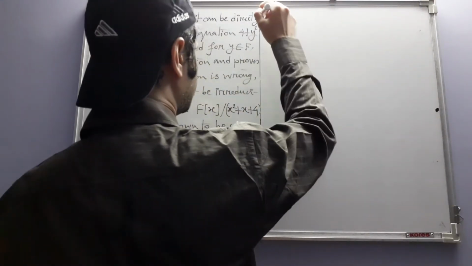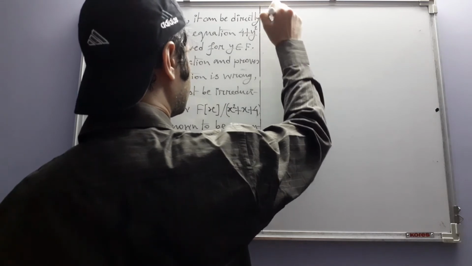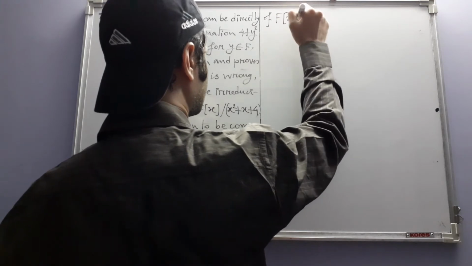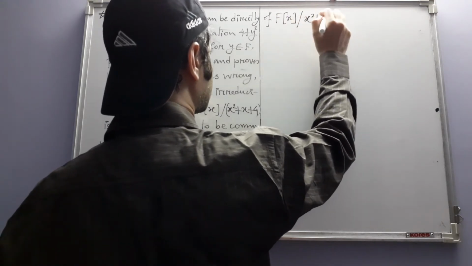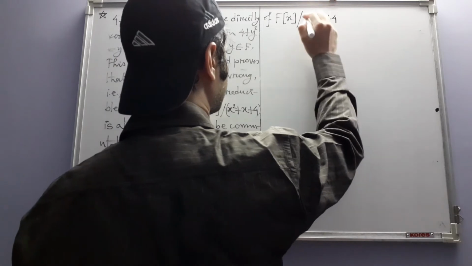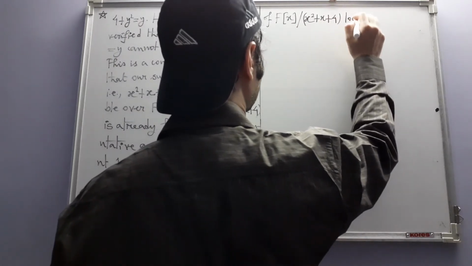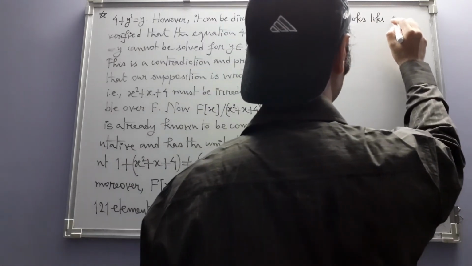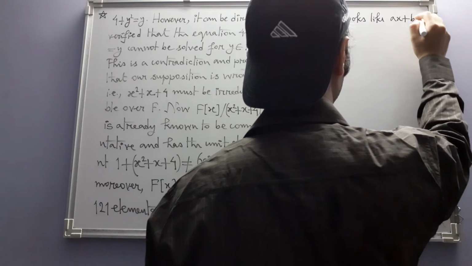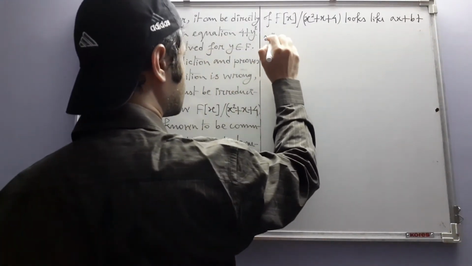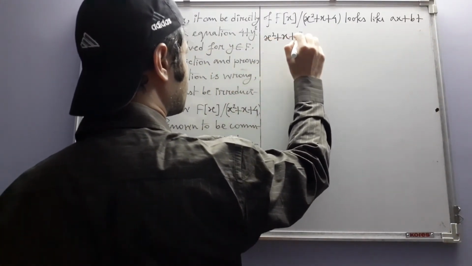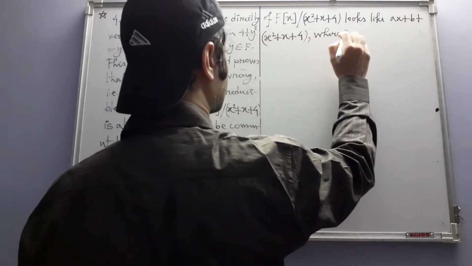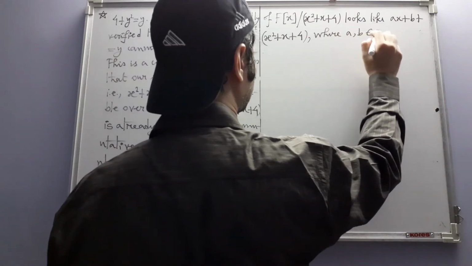The general element of F_11[x] divided by x square plus x plus 4 looks like this: ax plus b, where a and b are field elements.